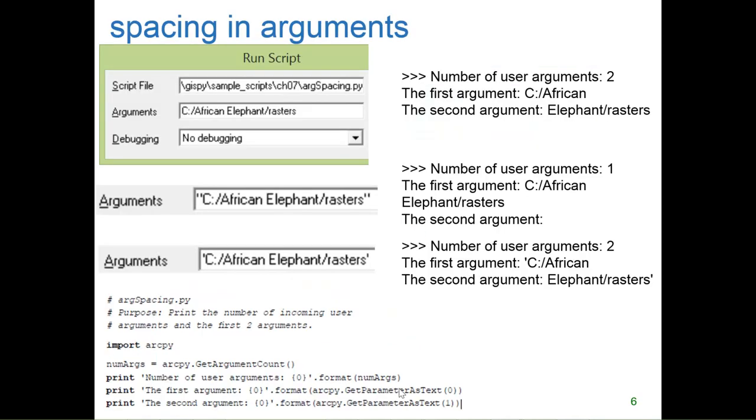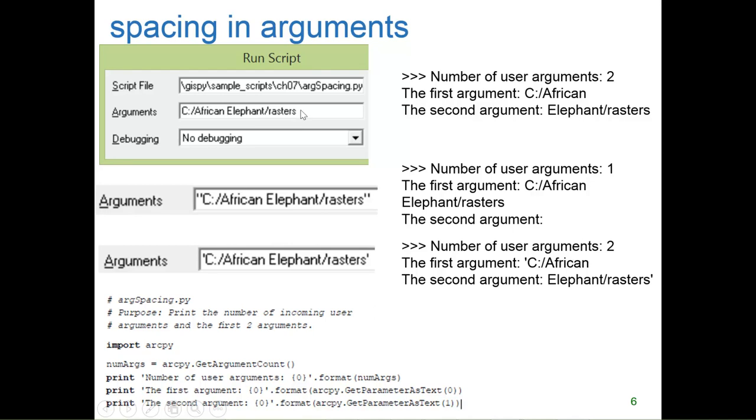Sometimes file paths or other input data can have spaces. You need to have spaces in the information. Say, for example, we have a directory right under the C drive called African elephant, and under that has raster data that we want to operate on.